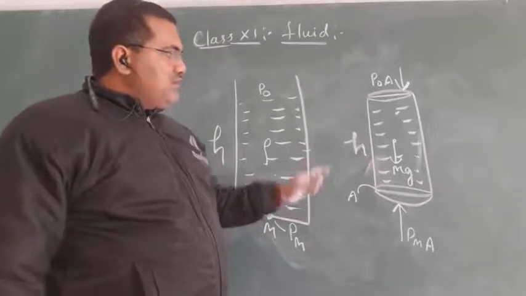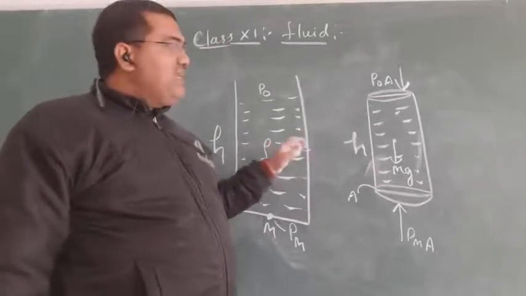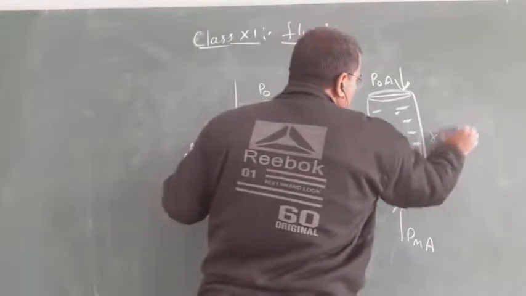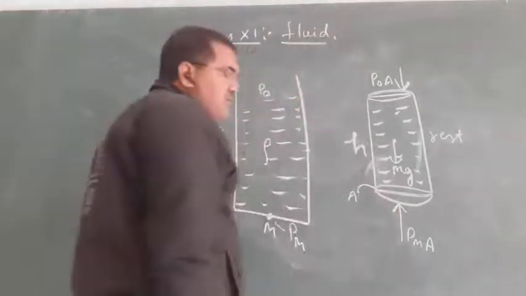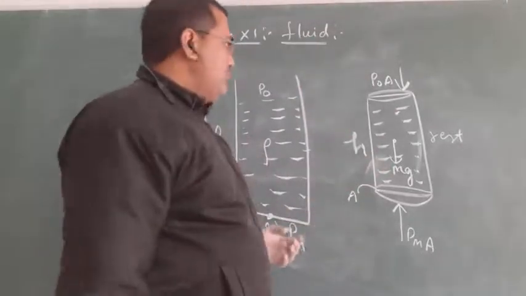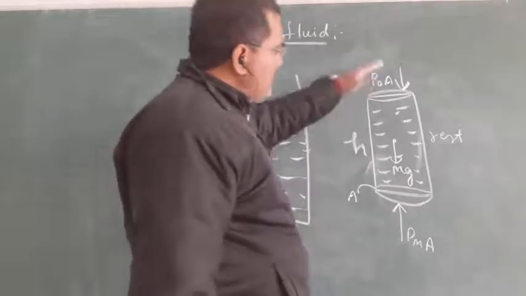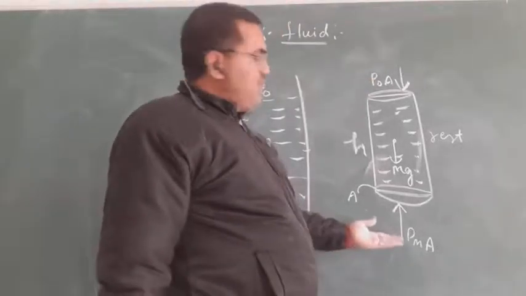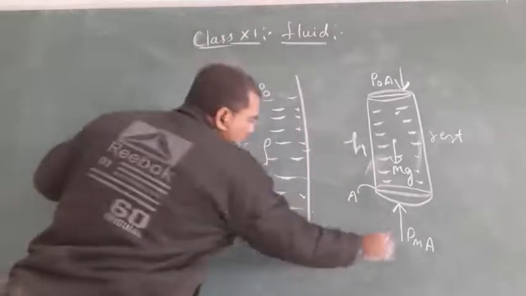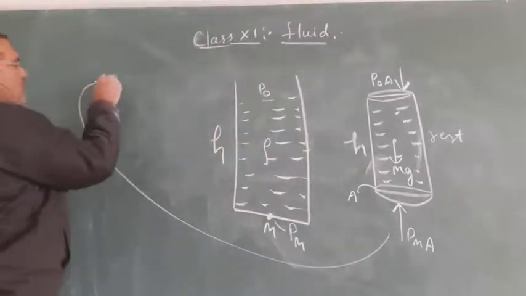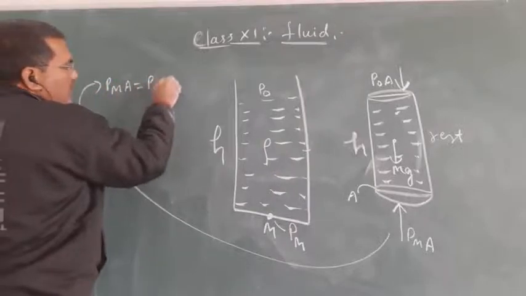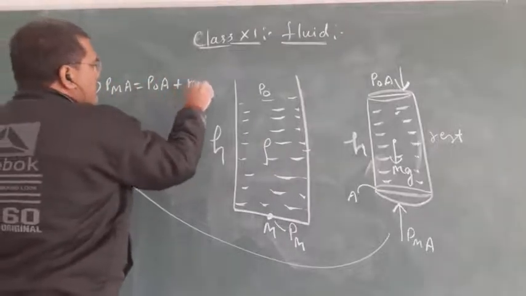Since the liquid is in equilibrium, because it is at rest, the net force on the liquid column is 0. So upward forces are balanced by downward forces: PMA equals P naught A plus mg.